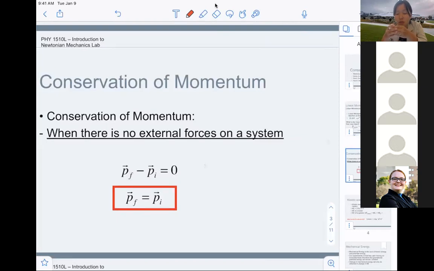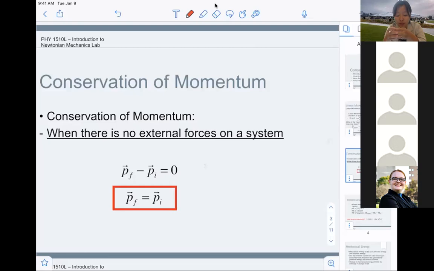So the momentum of the bomb should remain a constant. Beforehand, the momentum is zero because it's staying at rest. Then you can see two pieces, one flying this way, one flying that way. So each of the pieces will pick up a momentum, but because they are in opposite directions, when you add the total momentum of those two pieces together, it's still going to add up to be zero, just like it was before it exploded.